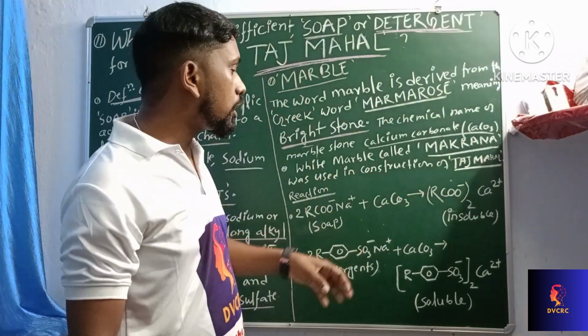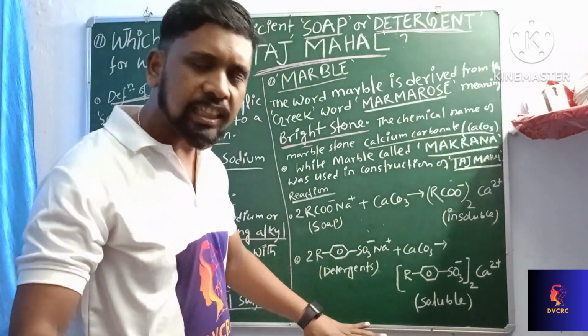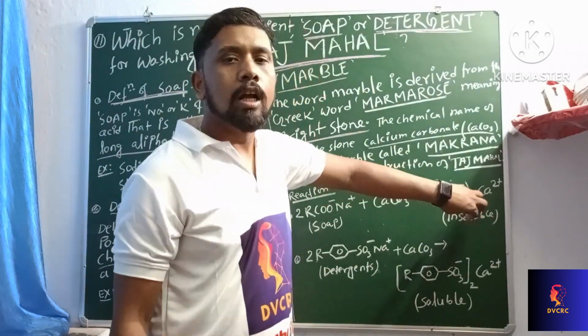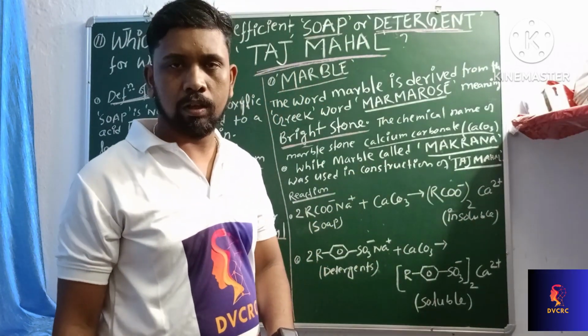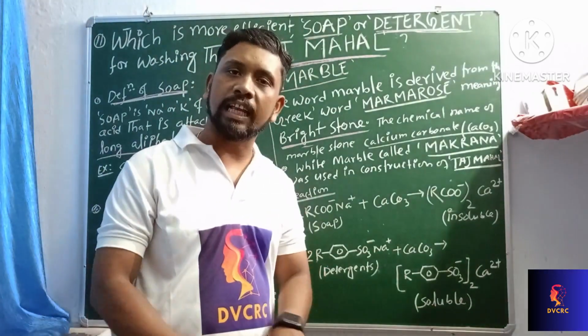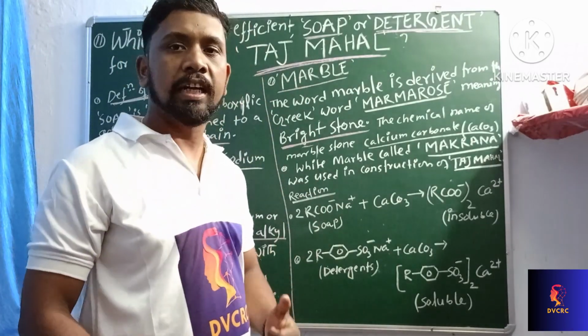So when the marble surface dries after cleaning, these solid products are already present here. That's why the marble surface is damaged, and the color of the marble surface decreases.